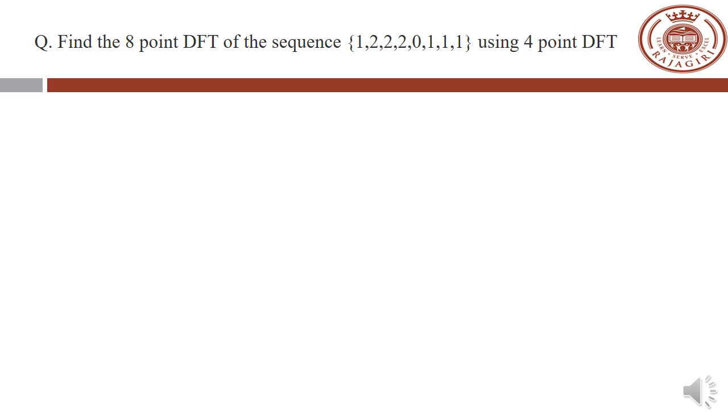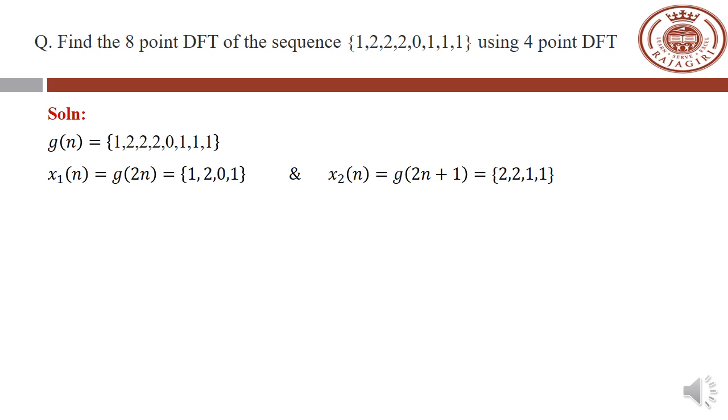We will look into an example to find the 8-point DFT of a sequence using a 4-point DFT. The sequence is given as g of n. The next step is that we split g of n into even numbered sequences and odd numbered sequences. The even numbered sequences are given by x1 of n is equal to g of 2n, and the odd numbered sequences are given by x2 of n is equal to g of 2n plus 1.